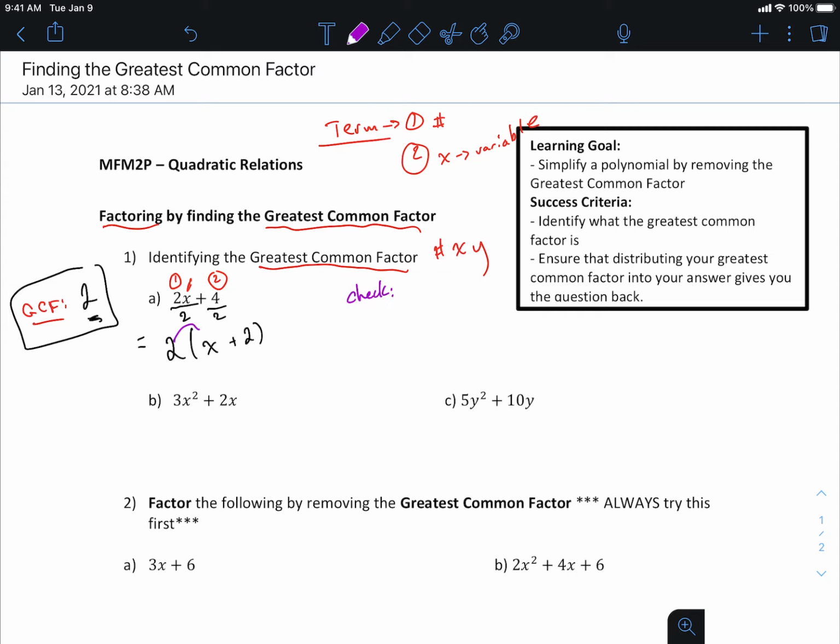We check by doing what we call expansion, or that table from yesterday, where we write the length and width and multiply them together. 2 times x is going to be 2x. That's the first arch. The second arch is going to be 2 times 2, which is 4. This matches our original question. So then we know we're right.